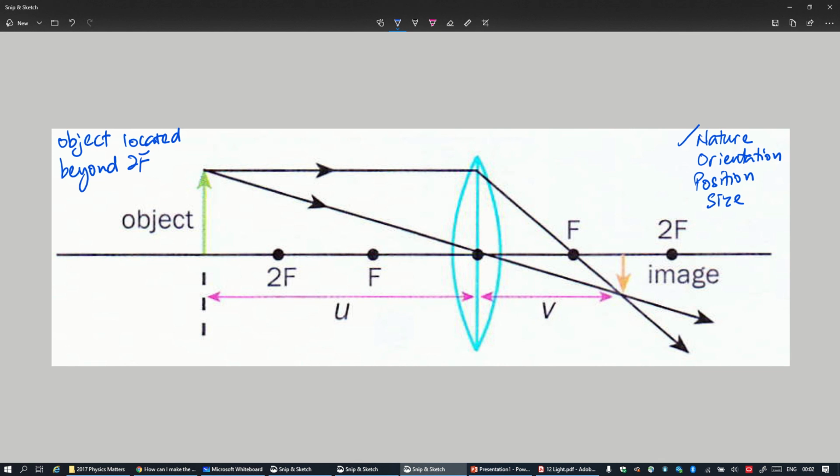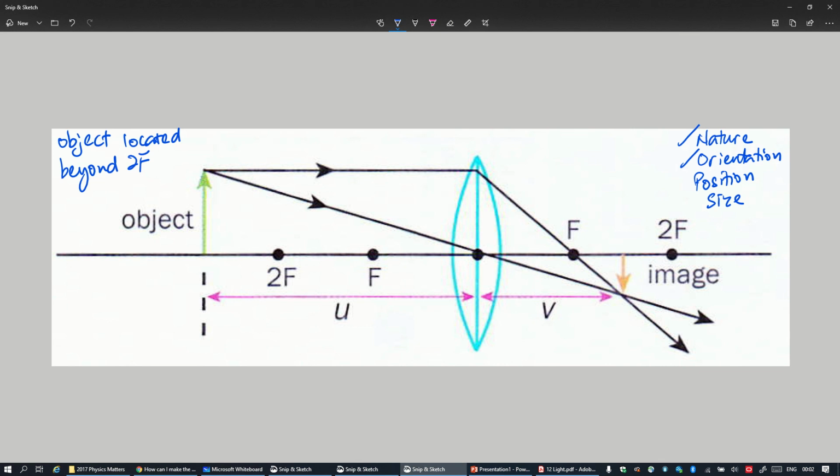Because when you look at the orientation of the arrow, it's pointing in the other direction, so we say it's inverted. Now, note that we do not say the image is upside down. I will show you in another video why we don't say the image is upside down. We reference the object, and because it's facing the opposite direction, we see that the image is inverted.